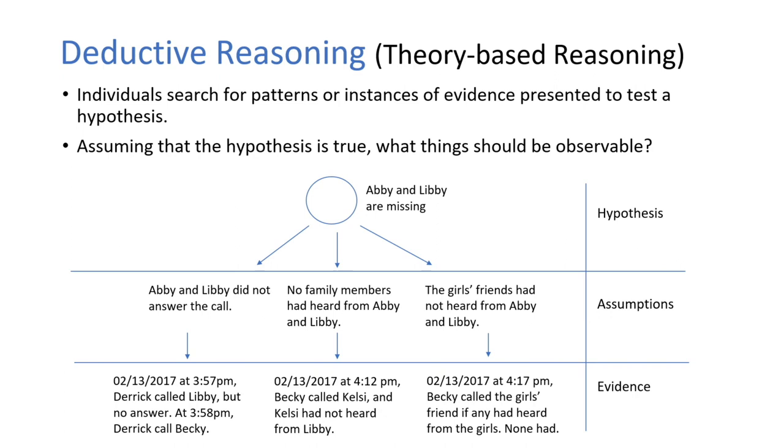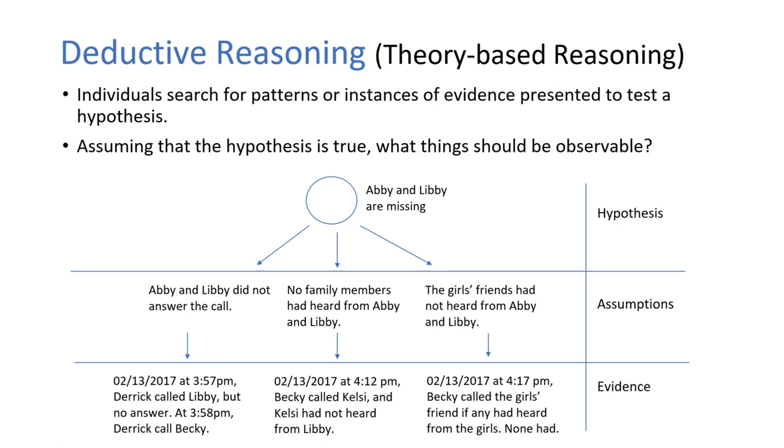Deductive reasoning is individuals searching for patterns or instances of evidence to test a hypothesis. When doing deductive reasoning, individuals ponder: if the hypothesis is true, what things should be observed that support the hypothesis?